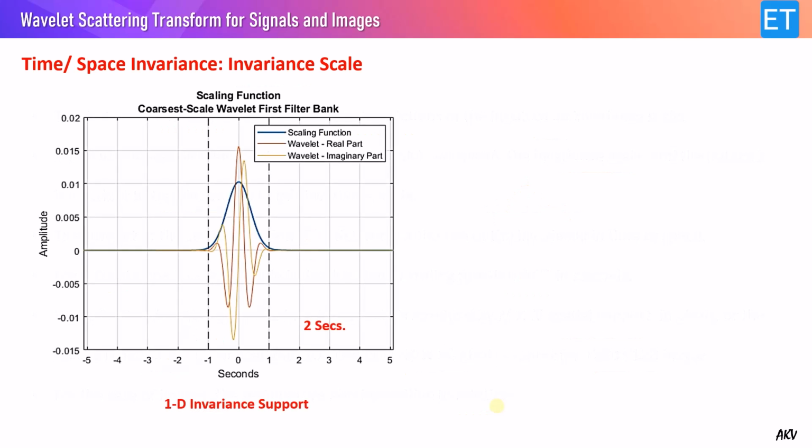In this figure, you can see the invariance scale. This blue one is my scaling function. You can see the width of the scaling function, and this width is 2 seconds. Within these 2 seconds, when you shift your signal ft, your coefficients will show insensitivity to the shift. So that is a one-dimensional invariance support.